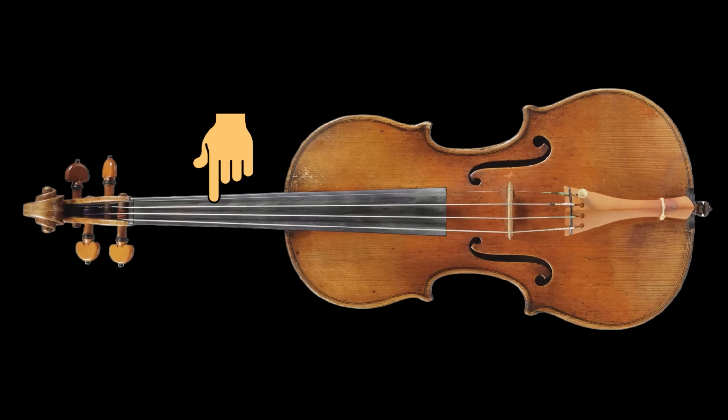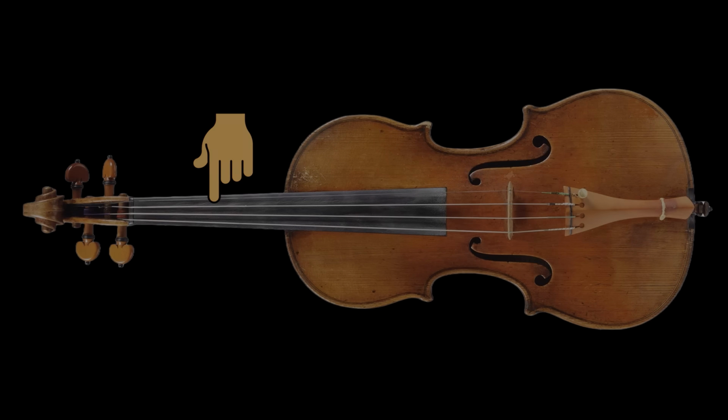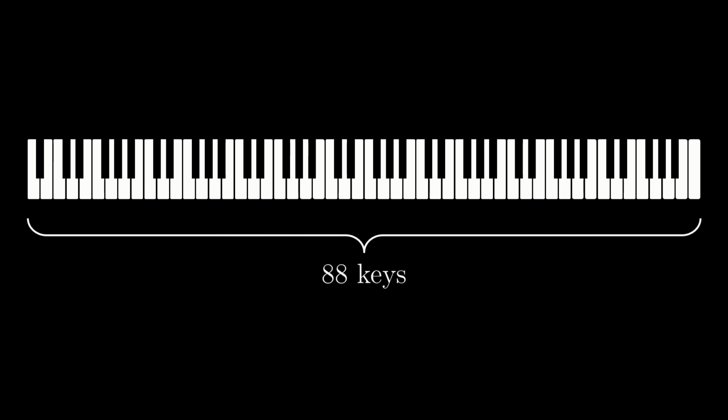But some other instruments are limited in the number of notes they can produce. A standard piano, for example, has only 88 keys, so it can produce only 88 different notes.